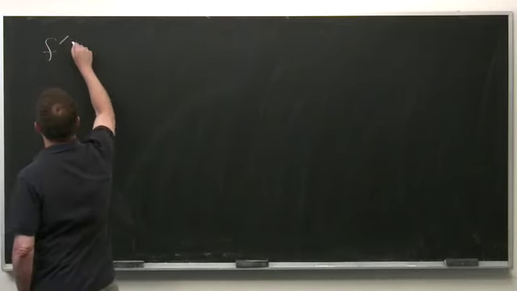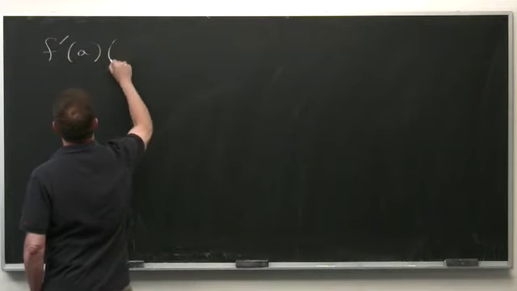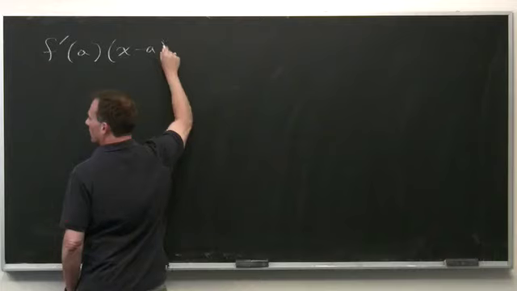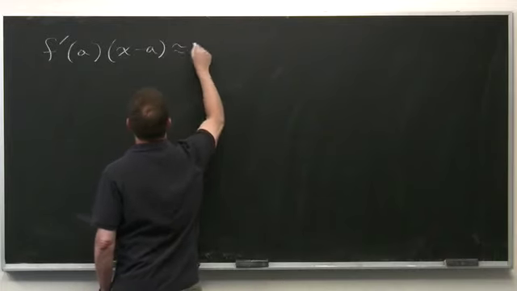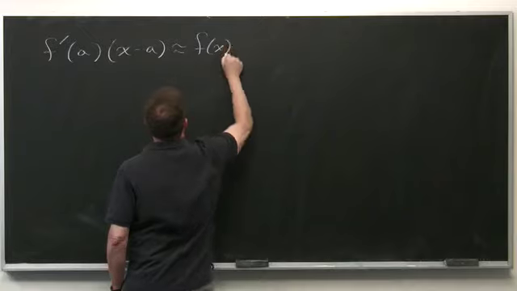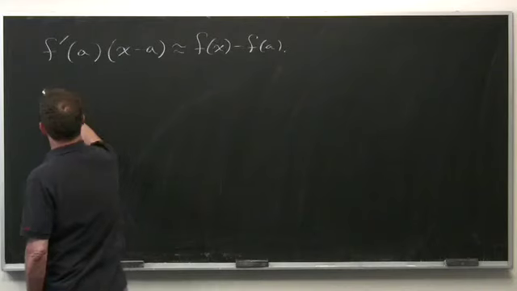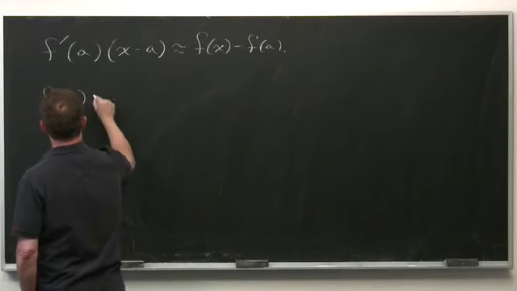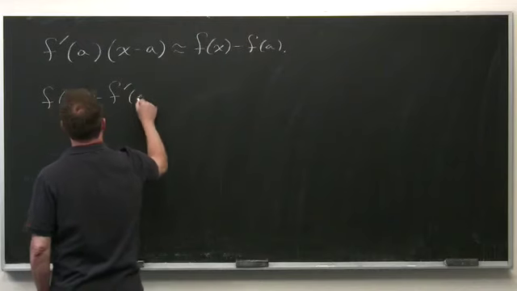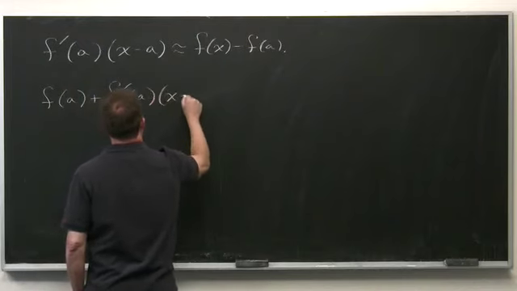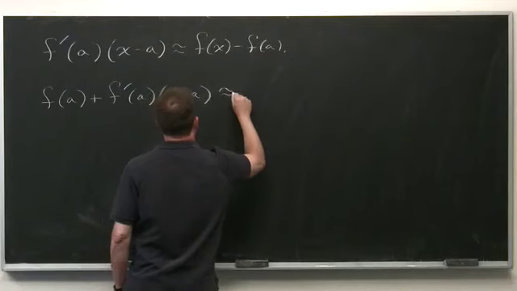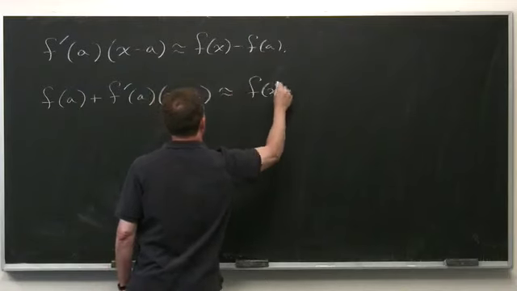But if you multiply both sides by x minus a, you get that f prime of a times x minus a should be approximately f of x minus f of a. And now if you add f of a to both sides, you get f of a plus f prime of a times x minus a should be approximately equal to f of x.